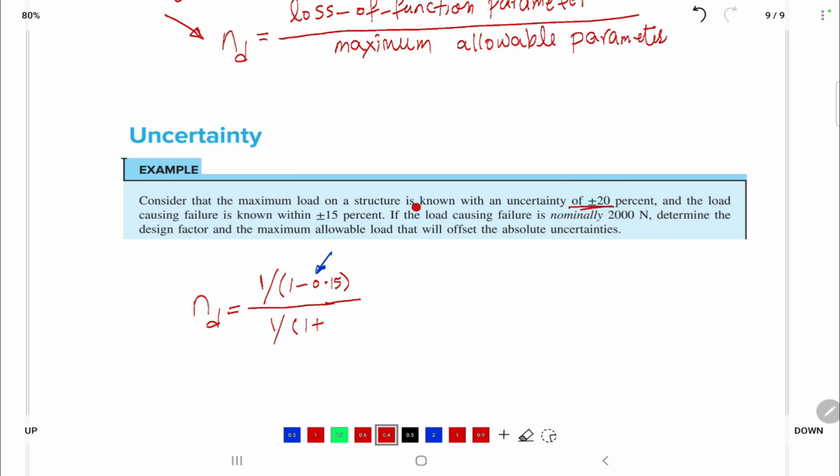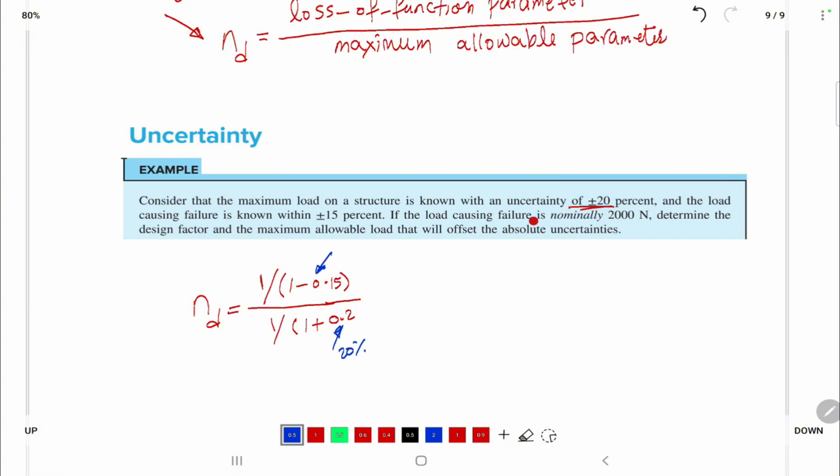The maximum load on a structure, the uncertainty, is plus minus 20%. Here we will use plus 0.2. So this one is 20%.